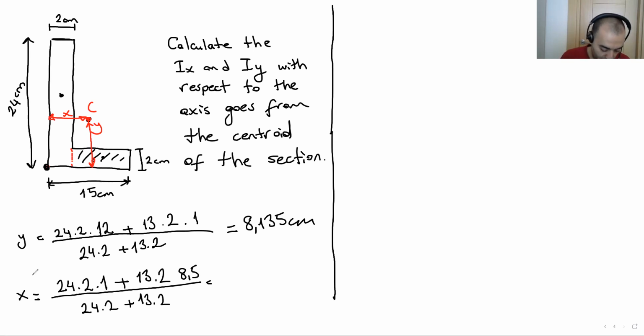Let me calculate total plus yes, this one is the x is 3.63, y is 8.13.